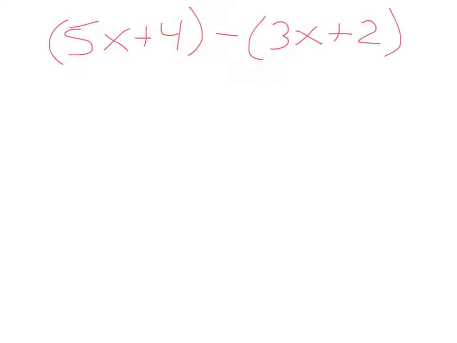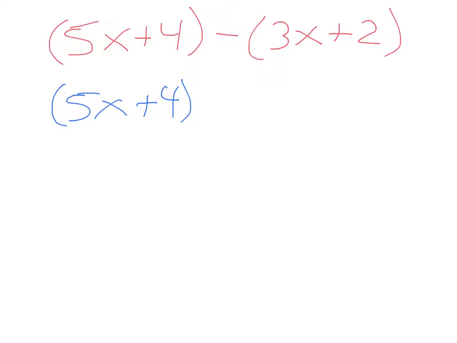So now we're going to put that all together and subtract linear expressions. If I took 5x plus 4 and I want to subtract 3x plus 2, I'm going to do it the same way I would have done it with integers or rational numbers. I start by doing a same change. Take the first linear expression and leave it just as it is, 5x plus 4.